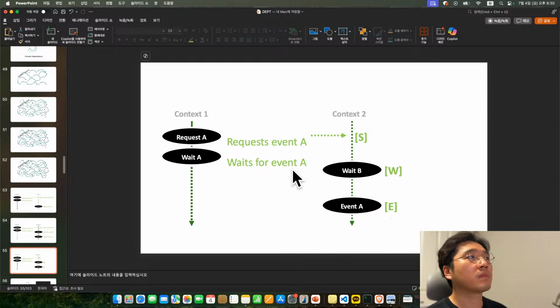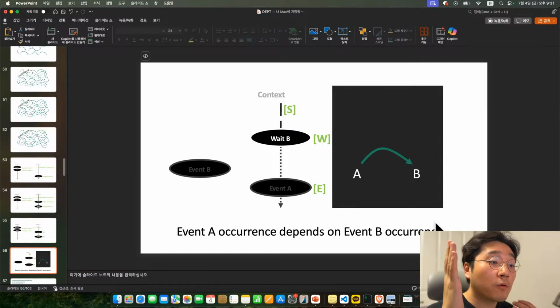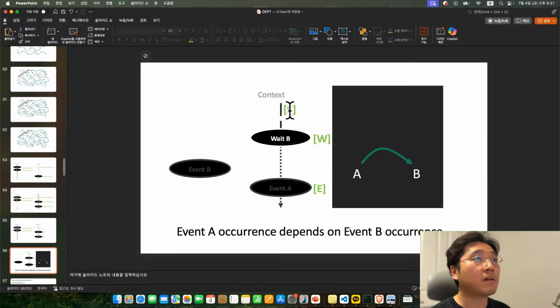So this is a summation, right? S and W: we can say the event is waiting for B, and event A is E. In the real DEPT report, S is sent, but this is not the focus.